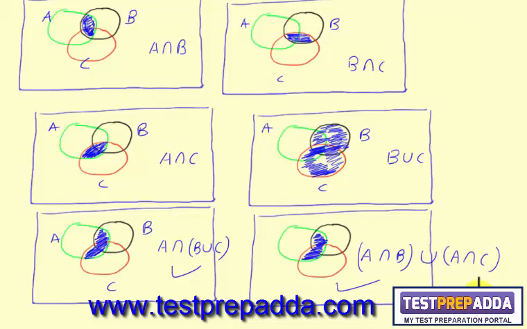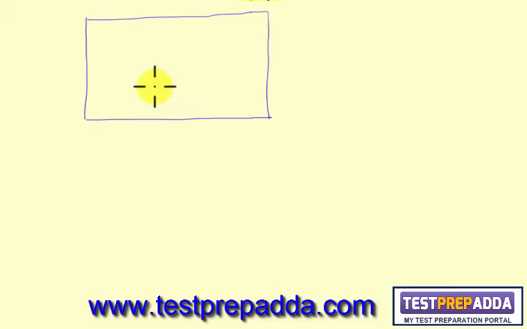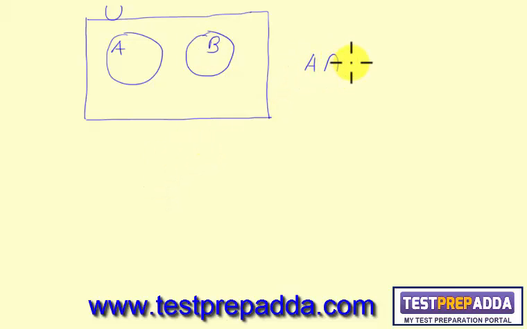Dear students, if I take two sets A and B in such a manner that A intersection B is phi, consider this as universal set, this as set A, and this as set B. So A intersection B is equal to phi.